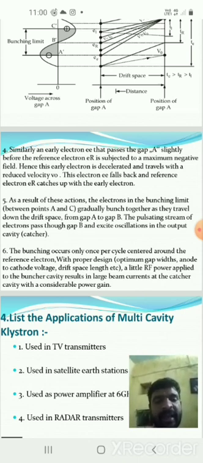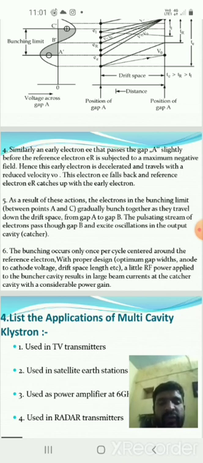That means the bunching takes place only once per cycle, centered around the reference with proper design of the multi-cavity distance, by increasing the drift space length, optimum gap width or anode to cathode voltages.